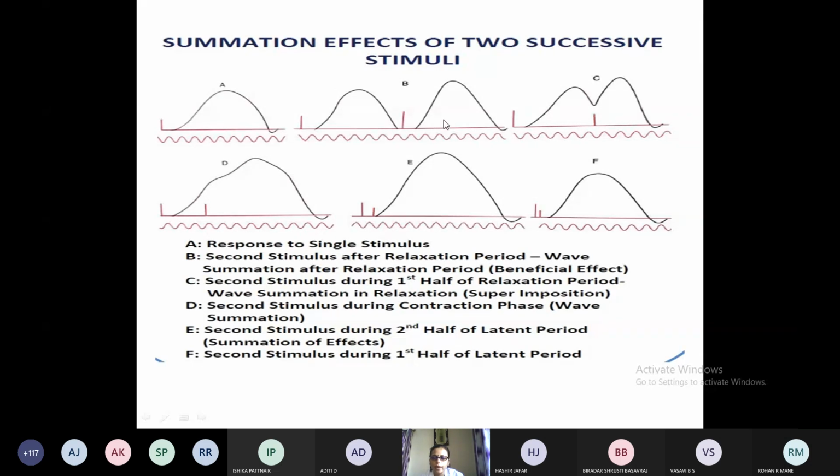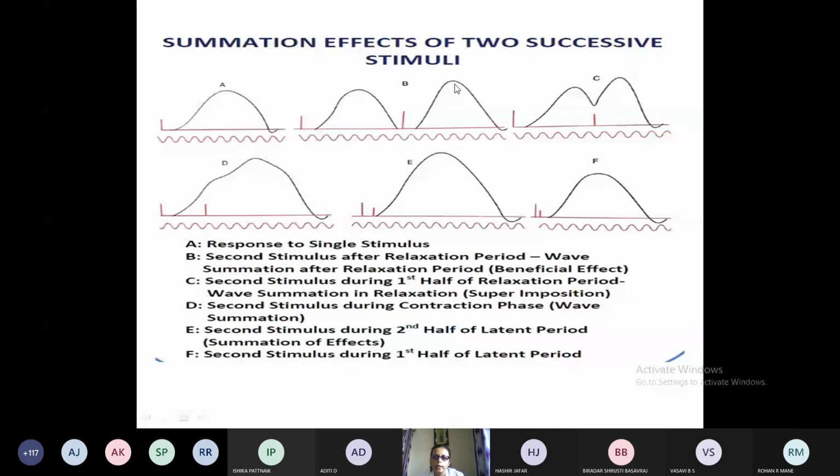Here two stimuli are applied, no doubt, but the point of the second stimulus is just after the relaxation period of the first one. Because of that, we are getting two components, but the second curve is a bit higher. Can you see the amplitude of this curve is a bit higher than the first one?